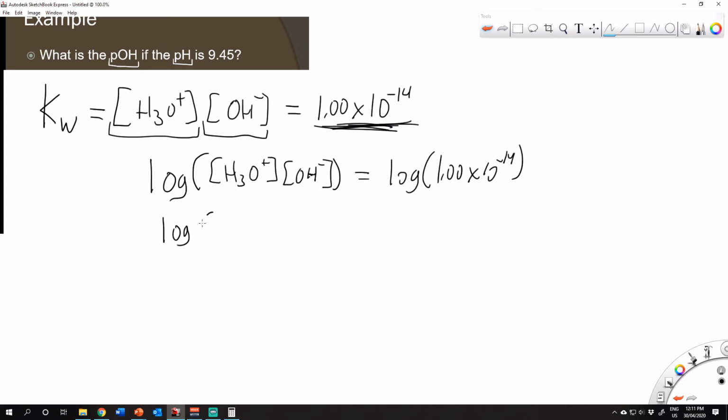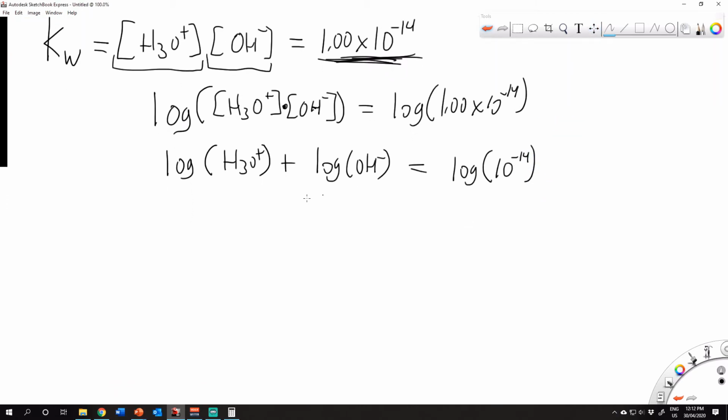This would be the log of H3O plus plus the log of OH minus, because this is a multiplication. I can split up that multiplication to look like this, and this will just equal the logarithm of, which I can simplify to just 10 to the negative 14 like that. And then calculating this out, I get the logarithm of H3O plus plus the logarithm of OH minus is equal to negative 14.